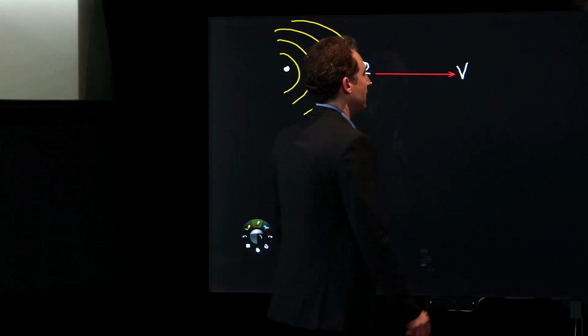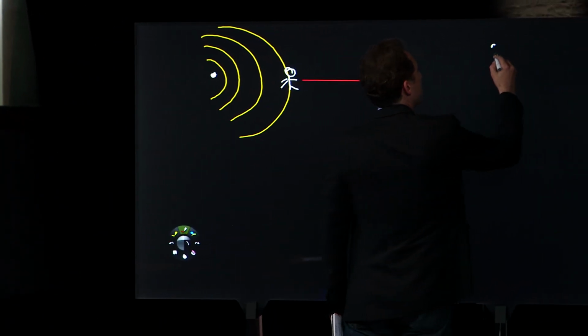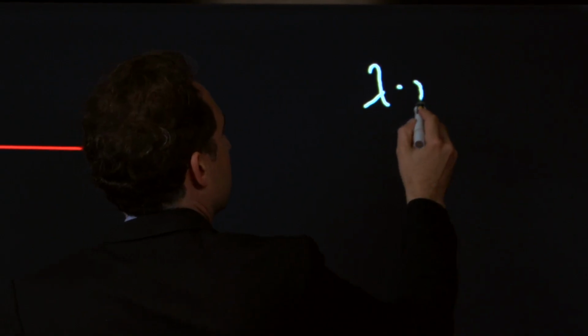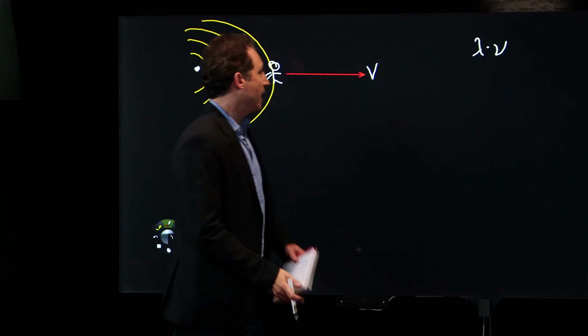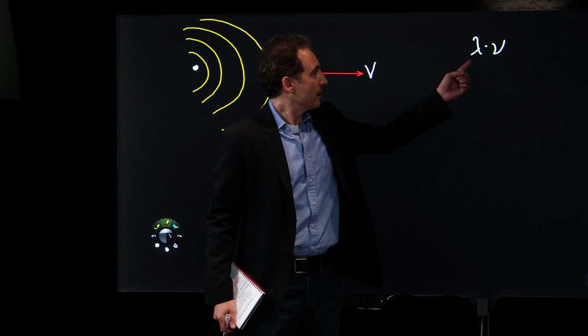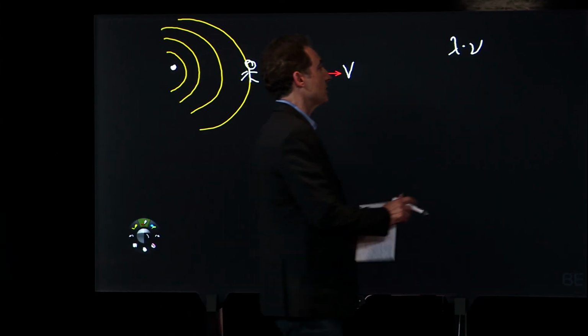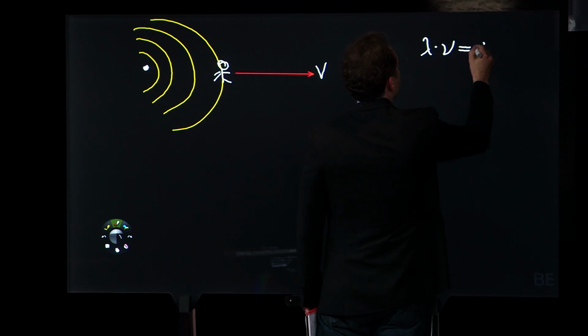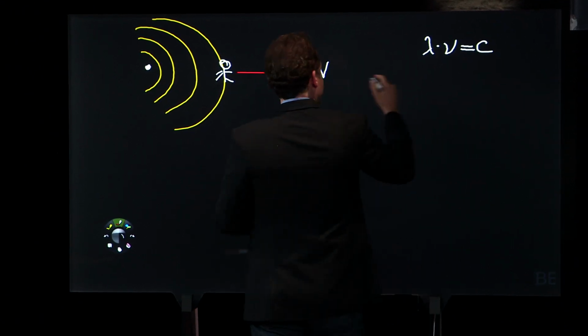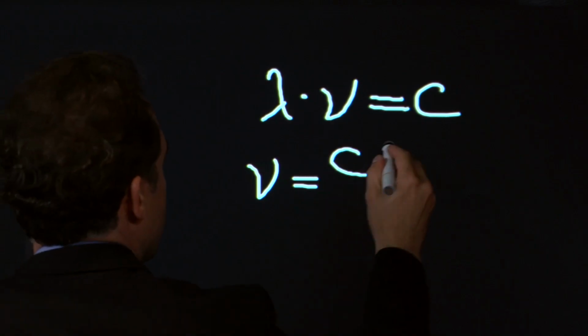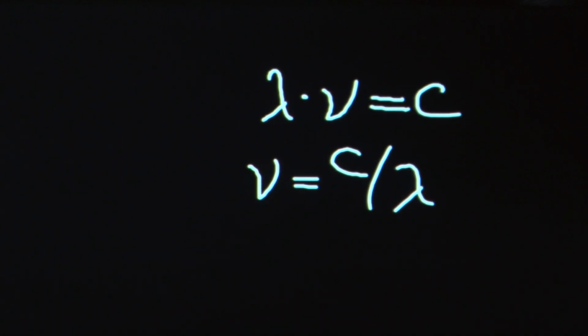Now, a couple little details worth emphasizing on the side. Remember quite generally from your understanding of waves that the wavelength of light times its frequency is the speed of light. So this is equal to c. And therefore, it'll be useful for us to write this in the form nu is equal to c divided by lambda.